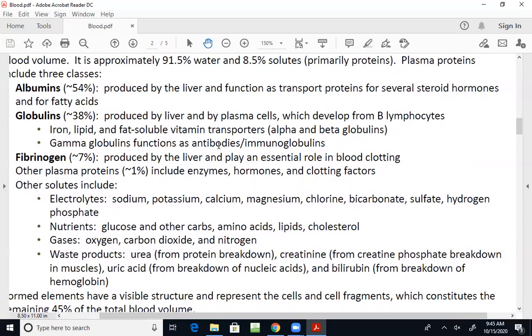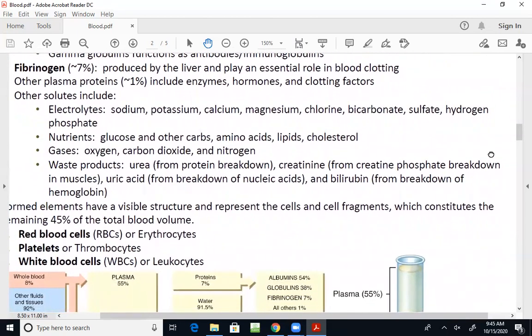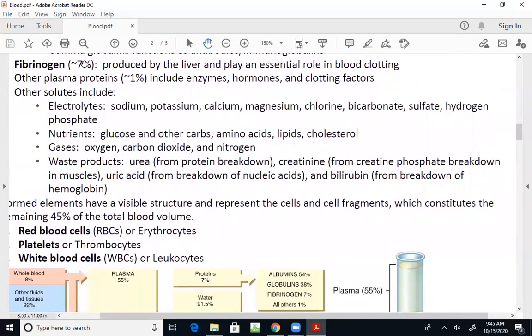These are the ones that help us neutralize toxins and viruses and that kind of stuff. Another term for antibodies is immunoglobulins, because they're immune in function, and they are, as you can see, globulin type. So that's another term for antibodies.